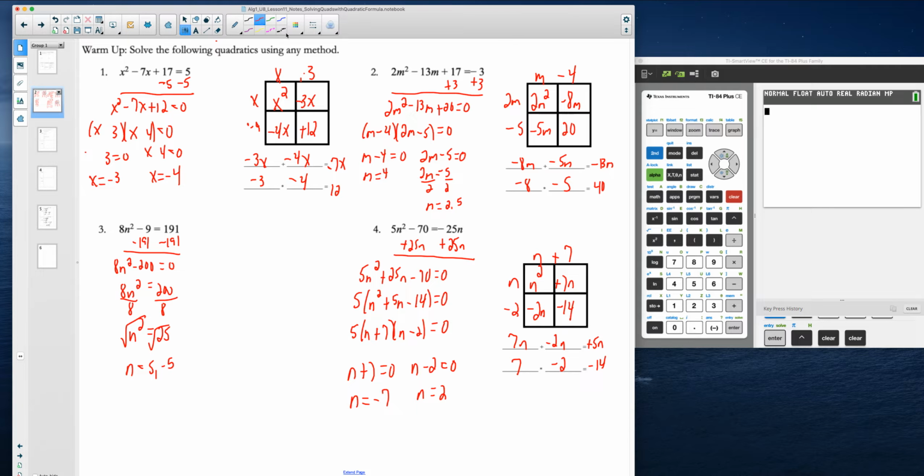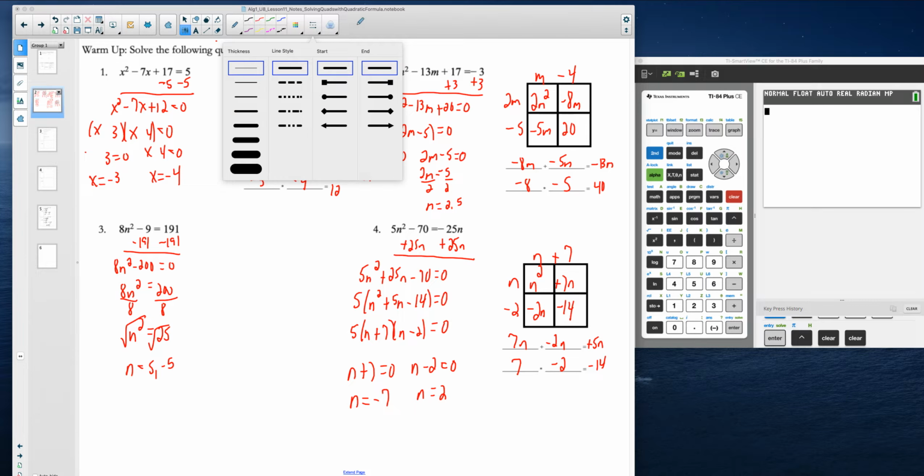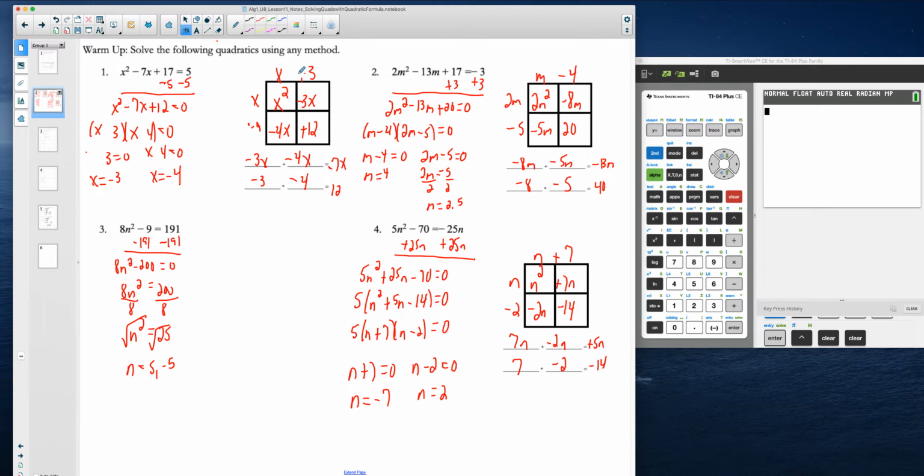All right. So now that makes a huge difference because we talked about this, that if these two terms are both negative, that means I need to factor out that negative here. So instead of getting x plus 3 like what I had written, you're going to get x minus 3. Instead of x plus 4, you're going to get x minus 4. So then our factors are x minus 3 and x minus 4.